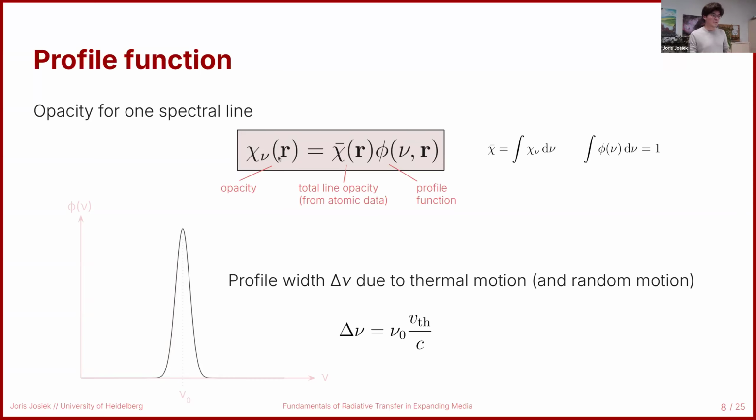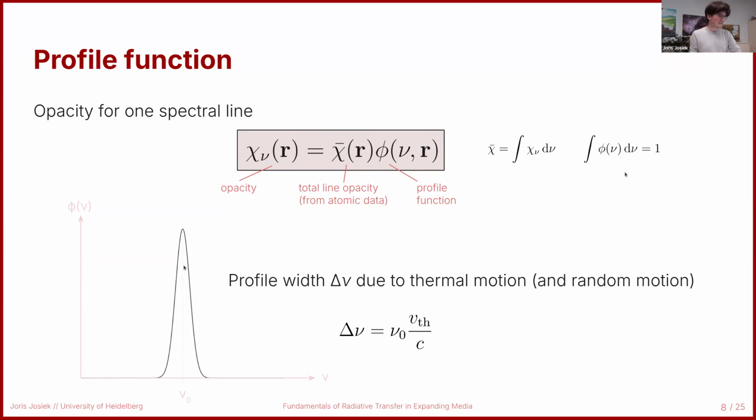The profile function is used as a way to separate this into 2 functions. You have the line opacity component, which is basically the integral of the opacity over the frequency, and this then only depends on position. The variation over frequency is only captured inside this profile function, and therefore this profile function is normalized to 1.